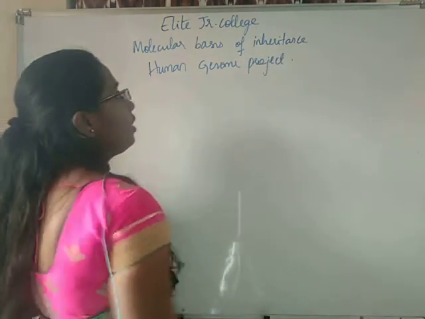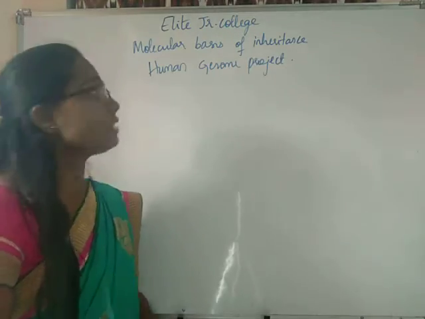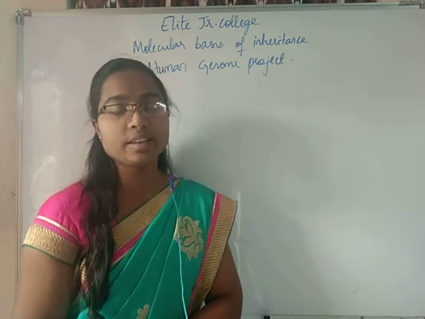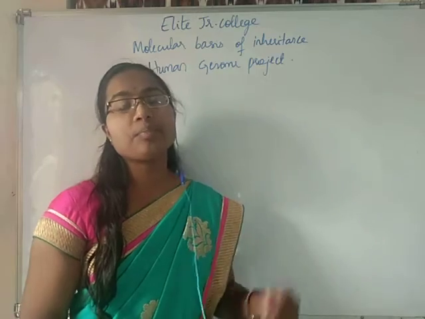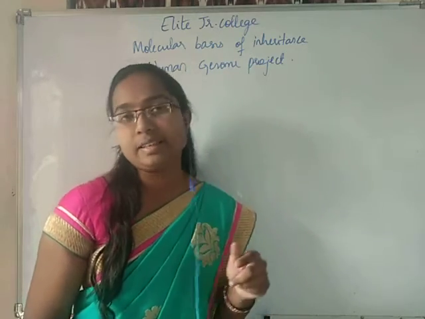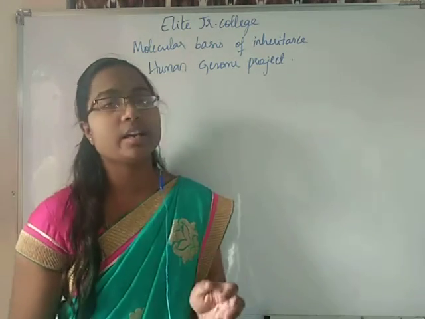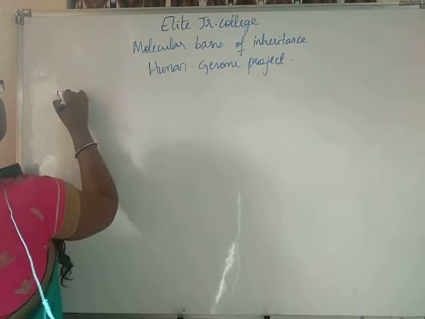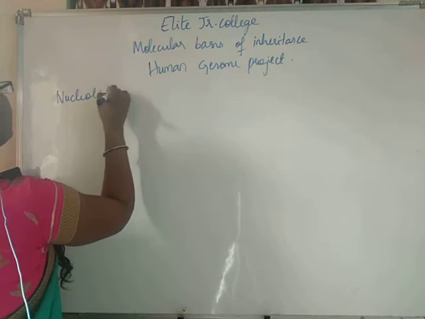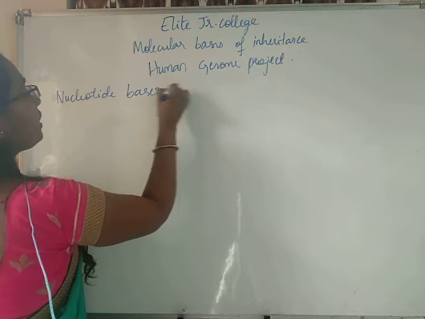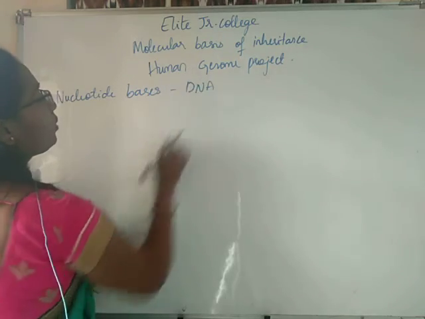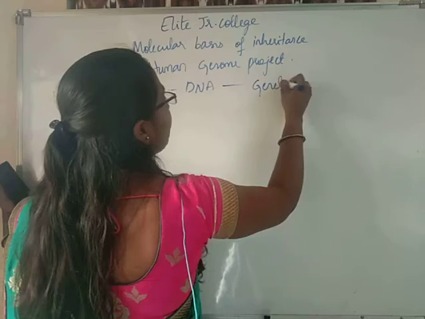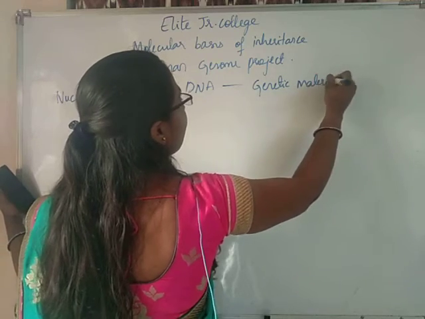See students, in our previous classes in this chapter, molecular basis of inheritance, we have already studied that the nucleotide bases present in the DNA make up the genetic material, isn't it?